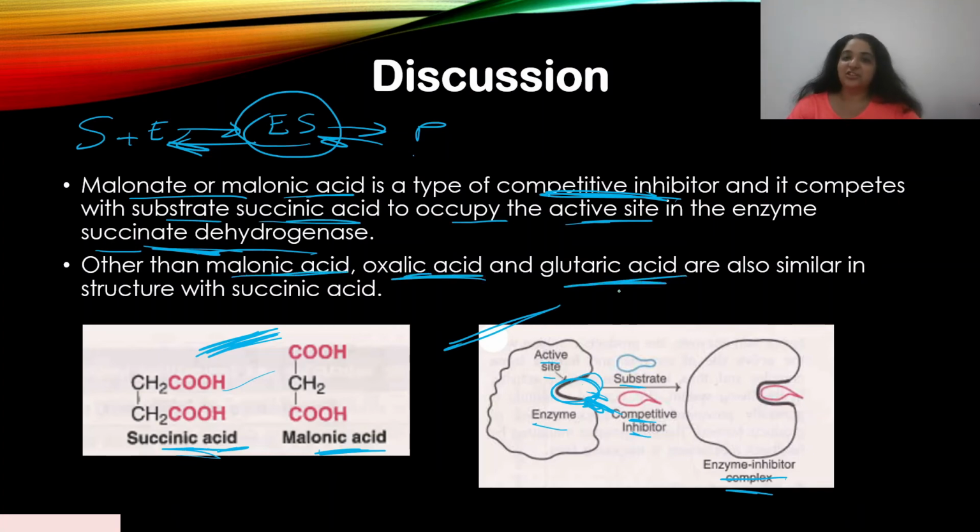They're also similar in structure to succinic acid, so they are very good inhibitors that can attach to the active site of the enzyme and stop the reaction from happening. So I thought I'll discuss what competitive inhibition is, since we are talking about malonate or malonic acid in this, so that you can understand what competitive inhibition is.